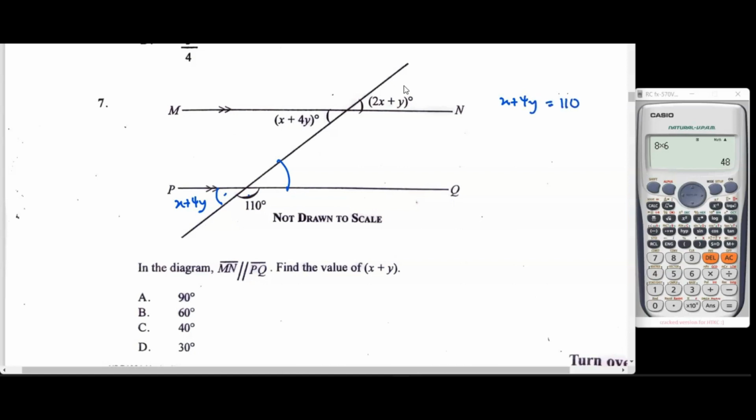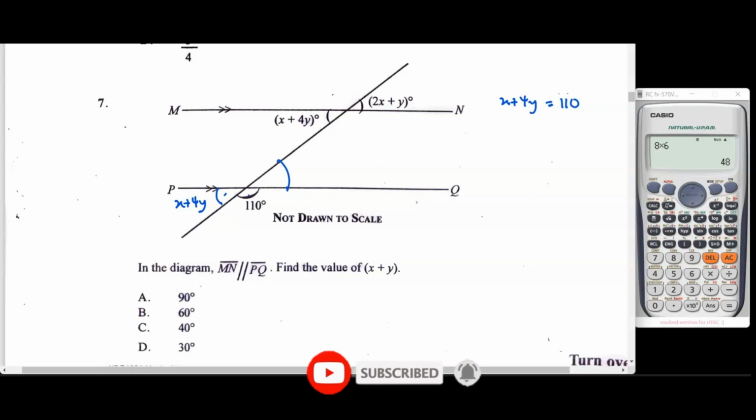I've given you reasons why it is so. Over here, we are looking at straight line angles. First, we said x plus 4y corresponds here, or alternates here. Therefore, the two angles lie on a straight line, so they are adjacent to each other and they add up to 180 degrees.